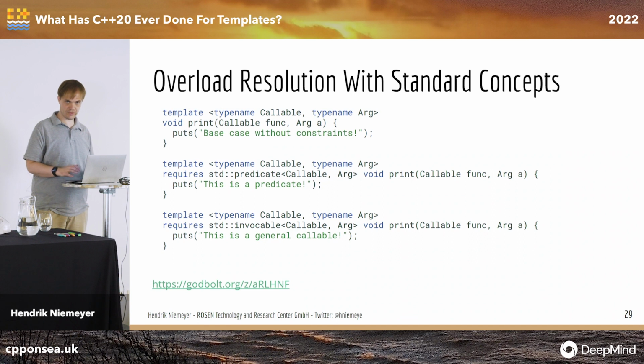And a std::invocable is just something which is invocable, and it's not cared about what the return type is. So in case you call it with something which is a predicate, then both std::invocable and std::predicate would be true, but the overload with std::predicate is chosen. And if you call it with something which is not a callable, then the unconstrained version is chosen, and so on. It's like the example before, but this is just to illustrate that the standard library uses the subsumption rules very carefully.